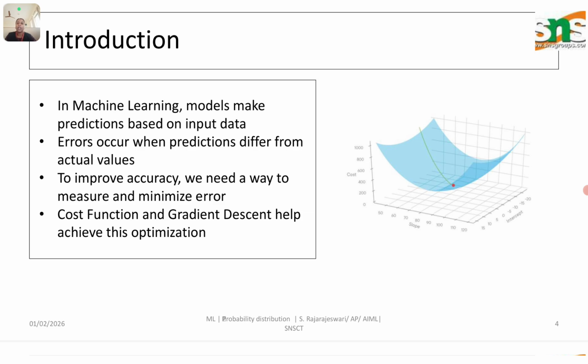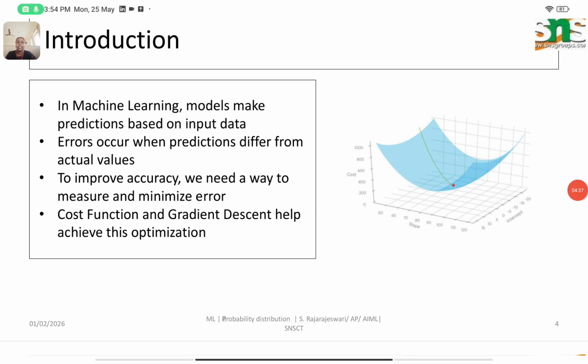To improve the accuracy, we need a way to measure and minimize the error. So cost function and gradient descent help achieve this optimization, improving accuracy and giving a way to measure and minimize the error.